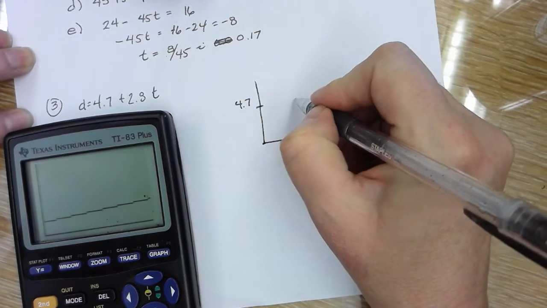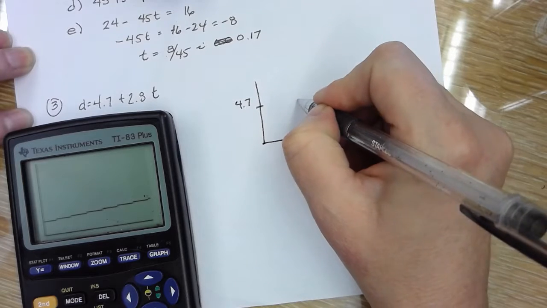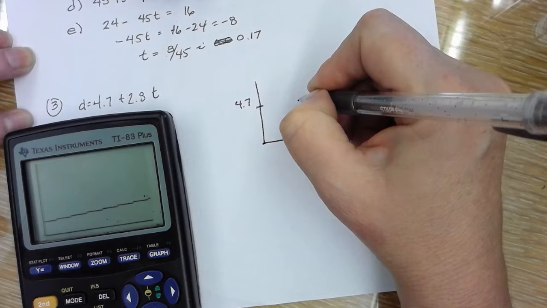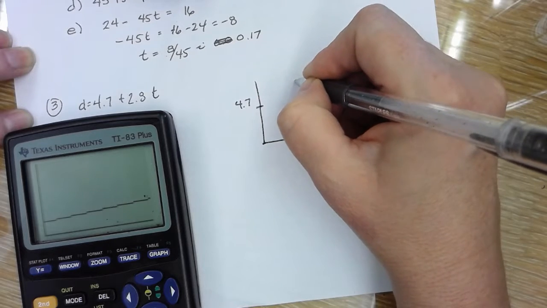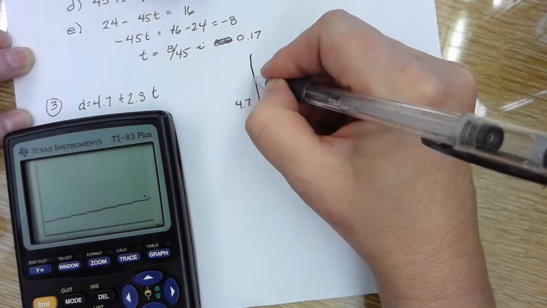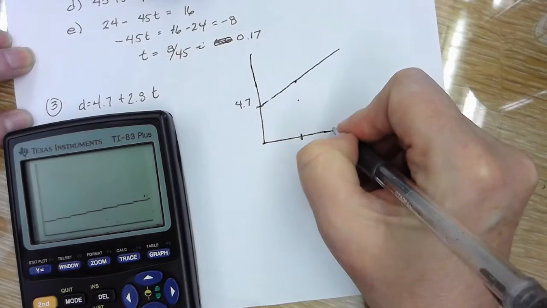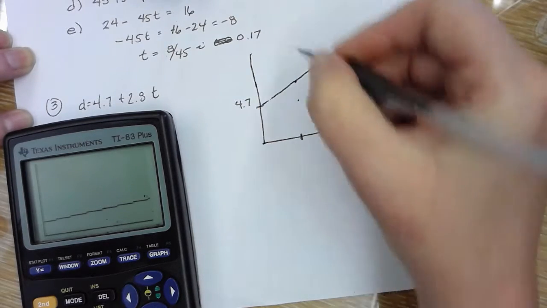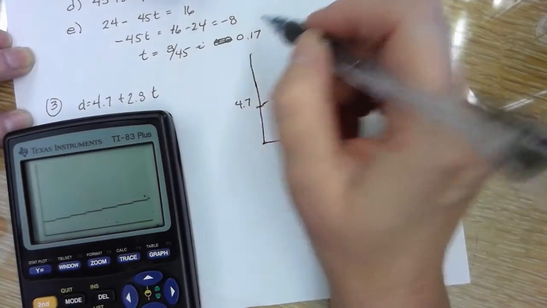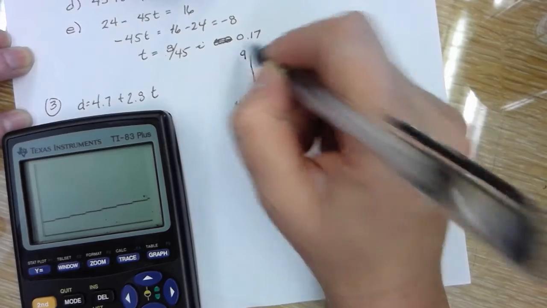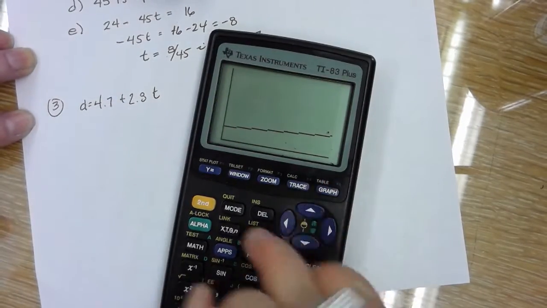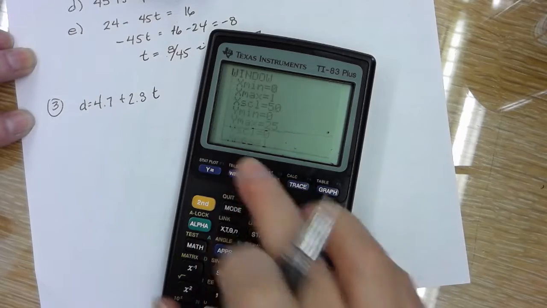So at 1 unit of time, at 1 run of time, I will rise 2.8. When time is equal to 2, I'll be at maybe about 9.